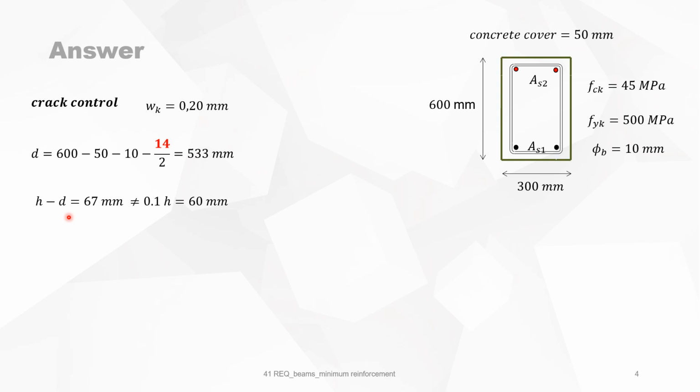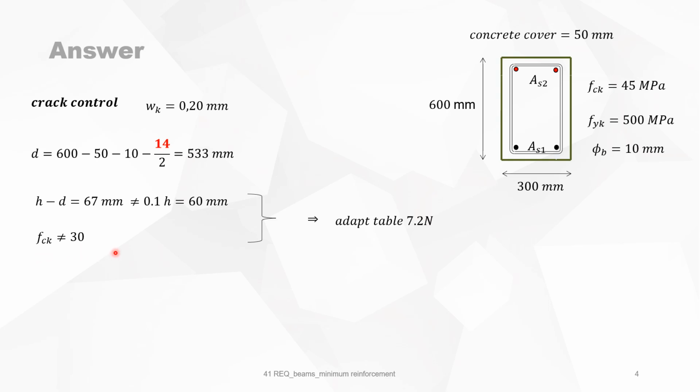So the d1, the position of the tensile reinforcement, is 67 millimeters, but it's different from 0.1h, which is 60. The concrete quality is different from 30.